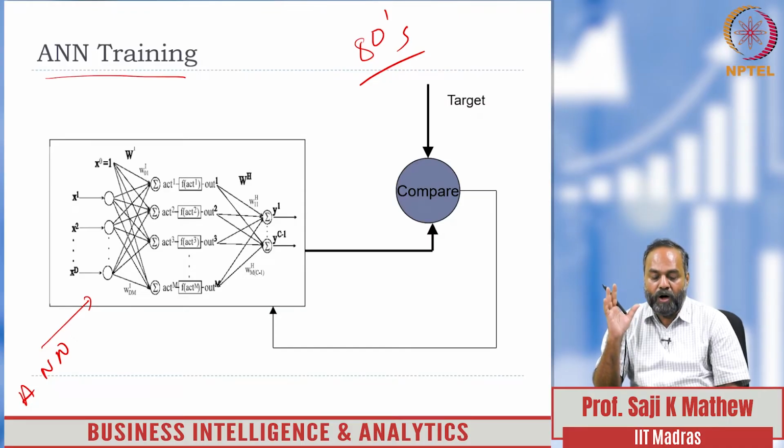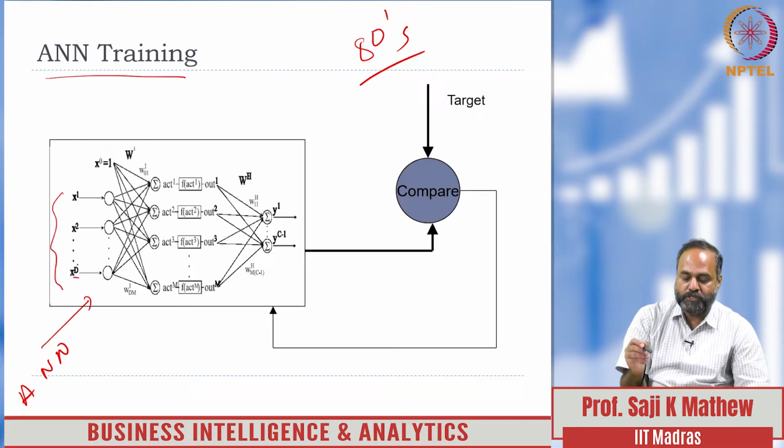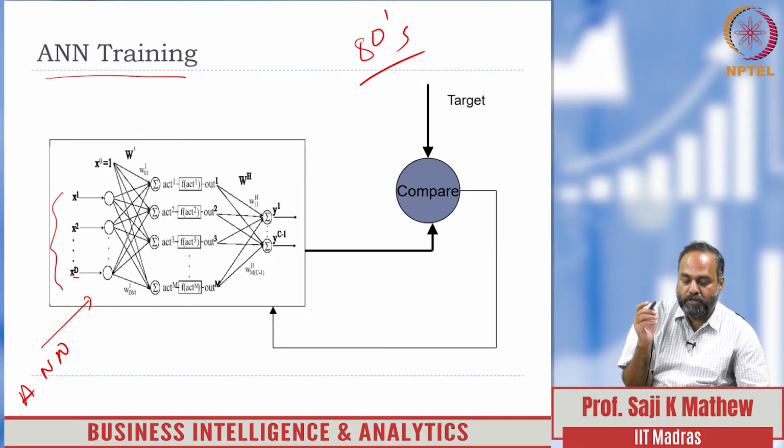Now our aim is to train this network for a purpose. Here the neural network is shown with d tuples, or the size of the data is d, and each data may consist of multiple attributes.